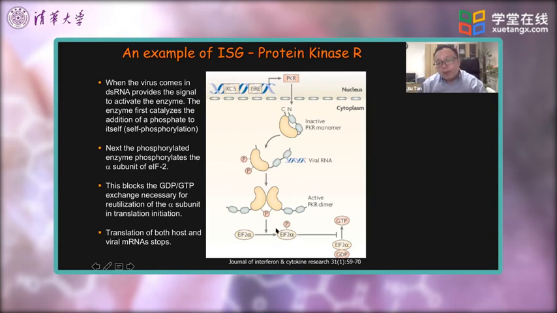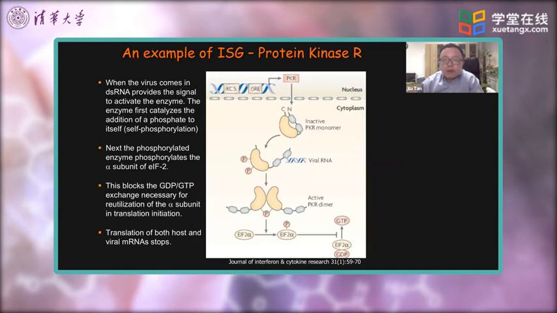As you can imagine, if you stop the initiation of protein translation, all cellular protein production will be basically shut down. This is quite an extreme procedure, so that the interferon basically shuts down protein production in the whole cell to stop the virus from replicating. That's really an effective way to completely block viral replication.